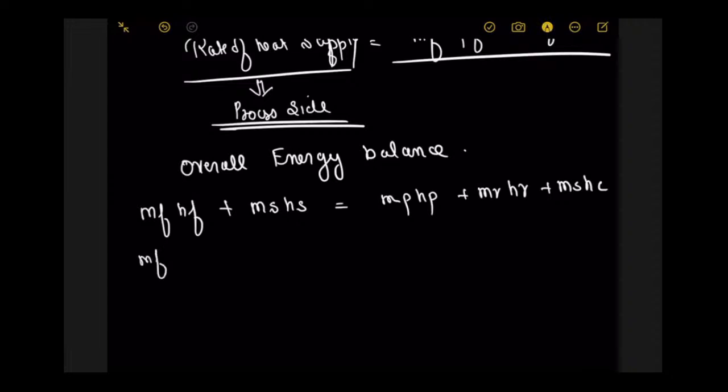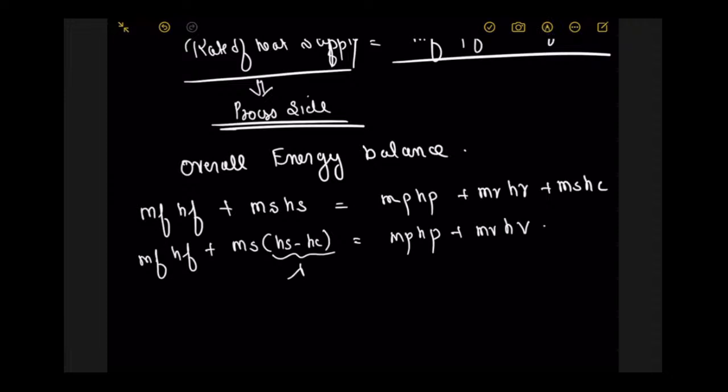So here we will write mass of feed into enthalpy of feed plus mass of steam, HS minus HC, will give you mass of product into enthalpy of product plus mass of vapor into enthalpy of vapor. So this HS minus HC will be lambda, the latent heat required for vaporization.